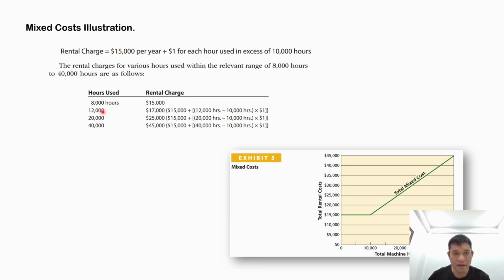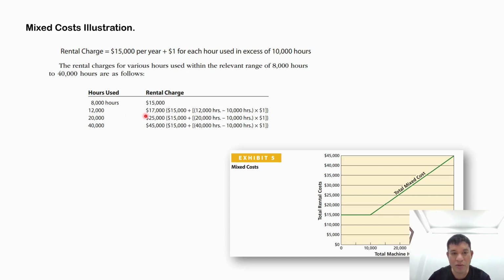Next, for 12,000 hours, since it already exceeded 10,000 hours, the excess number of hours will be multiplied by $1, which is equivalent to $2,000, plus the rental charge for 10,000 hours, which is $15,000.